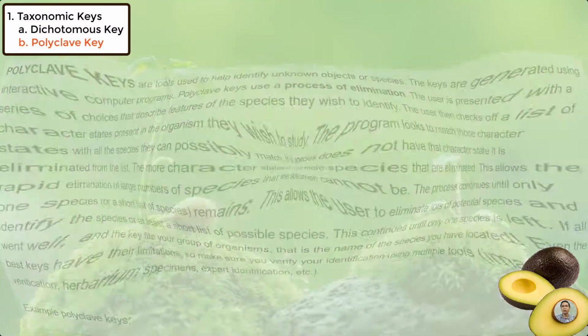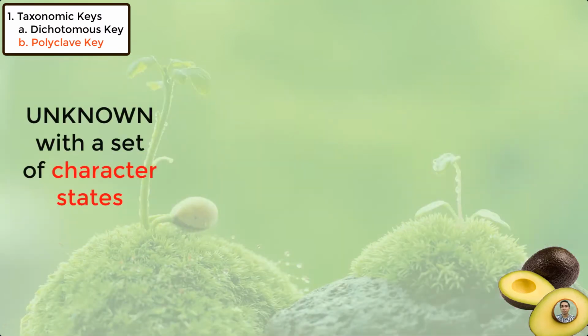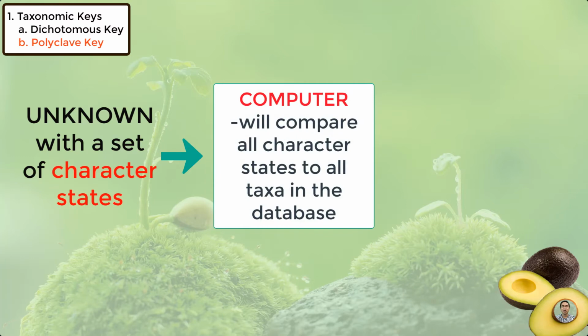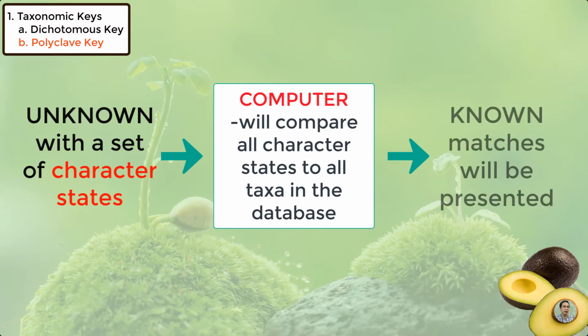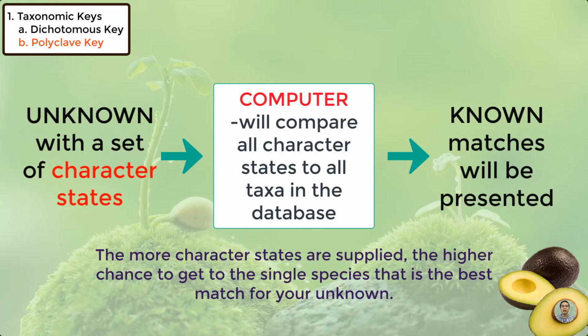Now, what you do is to simply encode all the character states of your specimen and check what matches the most with the known taxa in the database. And I forgot to mention again that this needs some computing power to, of course, detect and collate the similarities. So the computer will show the best matches. And then you are left to decide whether you want to further look for other ways to verify the results.